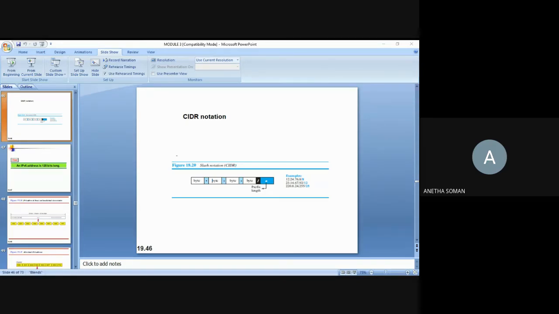CIDR notation is actually the compact representation of the IP address. In classless addressing, you have a 4-byte address and you also define the / value, which is a compact representation of the IP address.